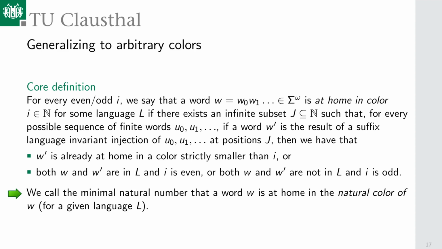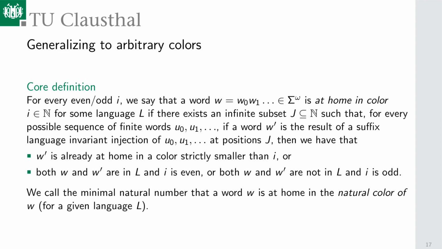And finally, we defined the natural color of this word for a given language as the minimal natural number that a word is at home in. Note that for the color 0, the first case here cannot apply. And hence, for the most significant color, performing suffix language invariant injections must not change whether a word is in the language or not.